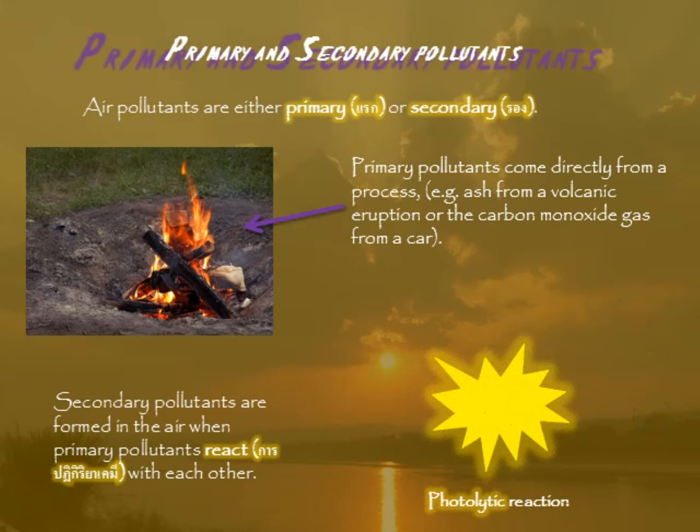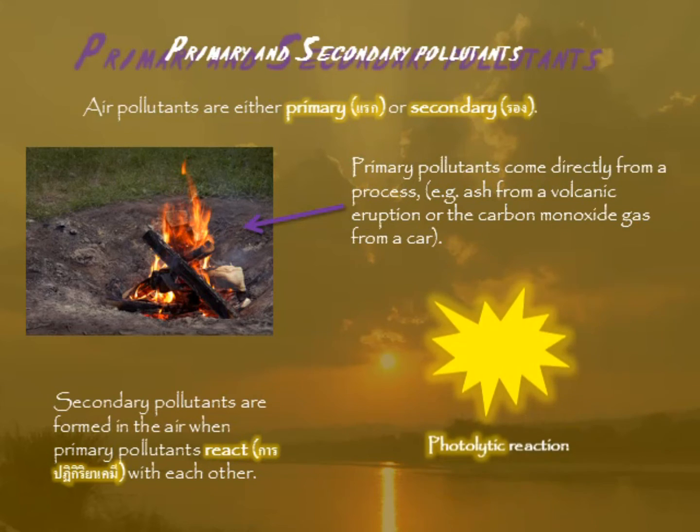This reaction that takes place motivated by sunlight is called a photolytic reaction, and photolytic reactions happen a lot in the atmosphere, as you can imagine. There are also regular chemical reactions that might happen up there.